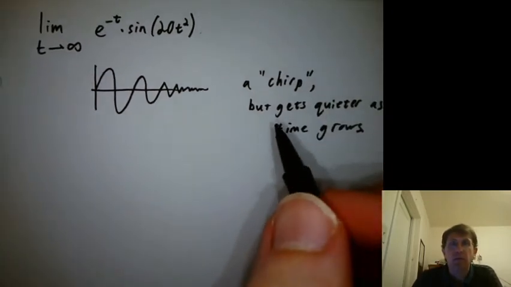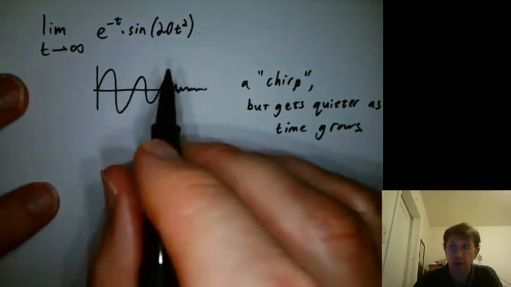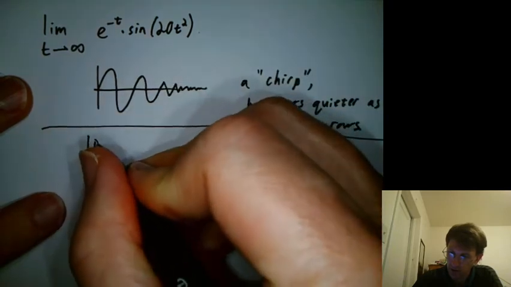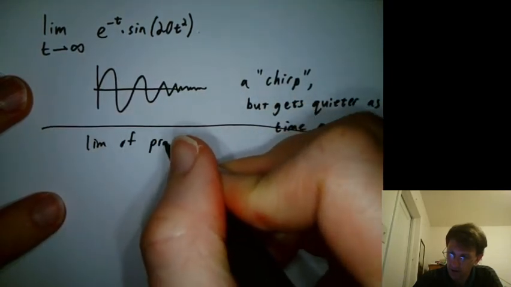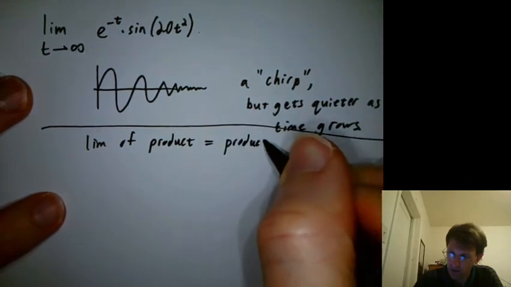Well, can I say the limit of a sum, the limit of a product is the product of the limits? So let's think about that. Limit of the product equals the product of the limits.